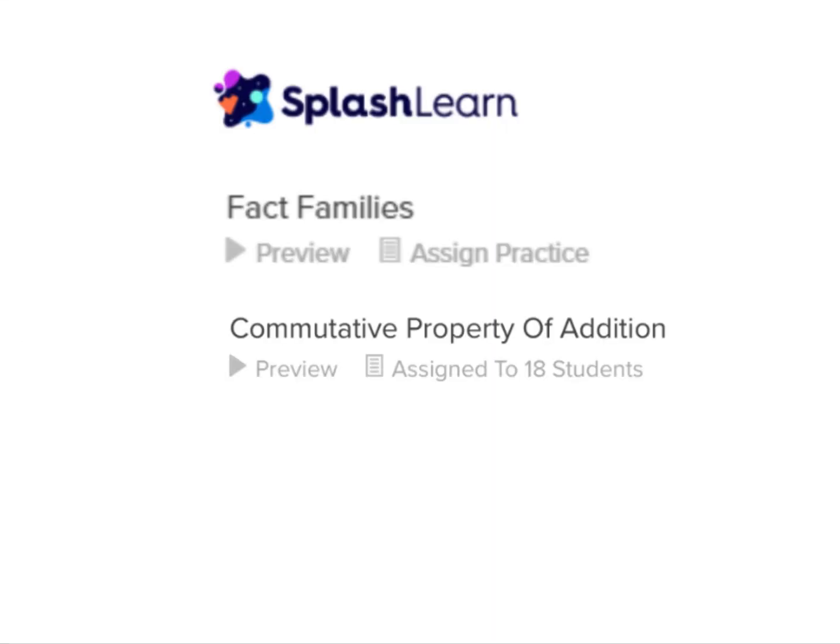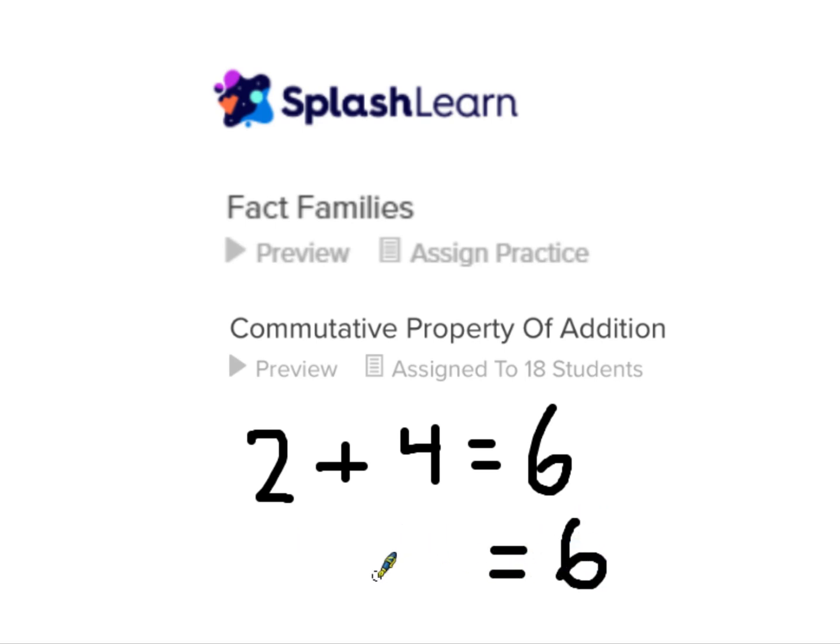And then, if you would like, you can keep practicing on Splash Learn, fact families, or the commutative property of addition, which is basically, if you know that 2 plus 4 equals 6, then what else equals 6?